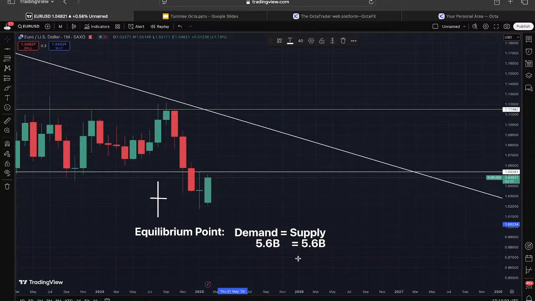All right, so this candlestick, which is what we have here, is called a doji. It's called a doji candlestick.